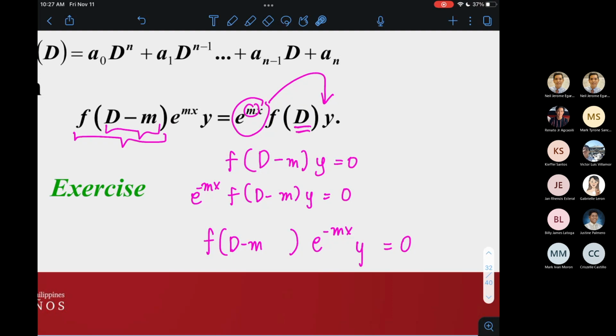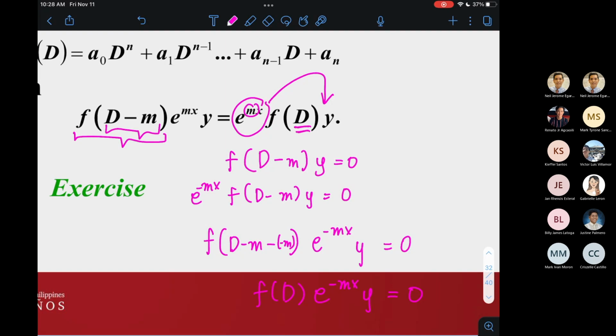So nasa unahan ni f of d minus m, or ang original ay d minus m, so you copy that over. Ima-minus ko sa kanya kung ano man yung coefficient ng exponent ni e. Ang coefficient ng exponent ni e ay negative m, so mama-minusan to ng negative m. And then if I simplify the argument of little f, we will get f of d e to the negative mx times y equal to 0.